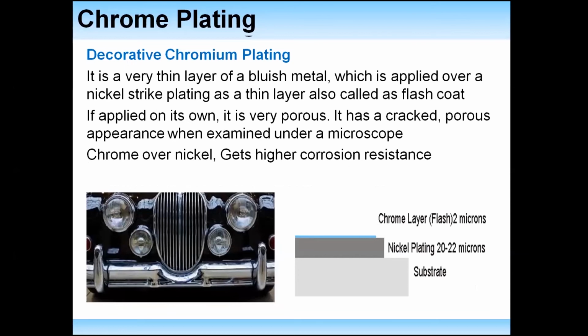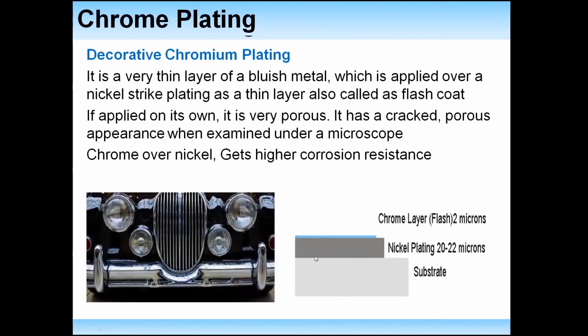Decorative chrome plating. This is a very thin layer of bluish metal which is applied over a nickel strike plate as a thin layer, also called a flash coat. So again the same picture which we saw earlier: nickel plating is 20 to 22 microns.